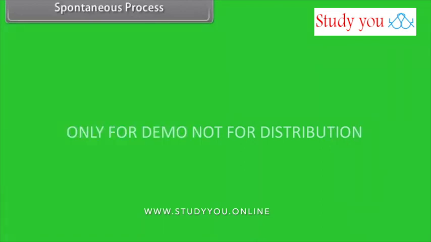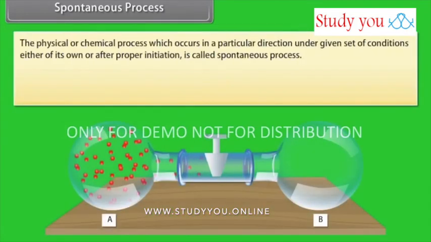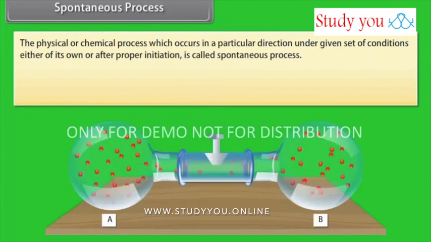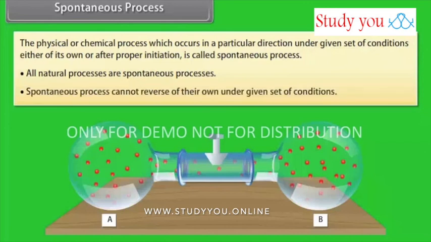A spontaneous process. The physical or chemical process which occurs in a particular direction under a given set of conditions, either of its own or after proper initiation, is called a spontaneous process. All natural processes are spontaneous processes. A spontaneous process cannot reverse of its own under a given set of conditions.